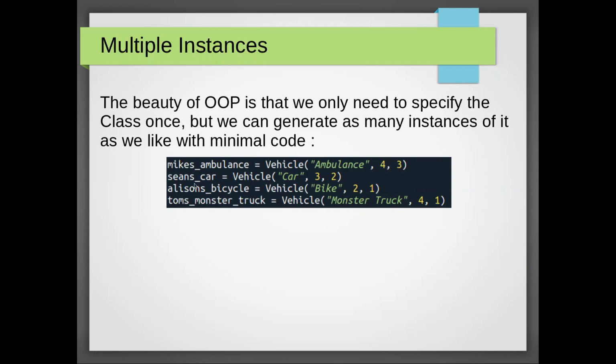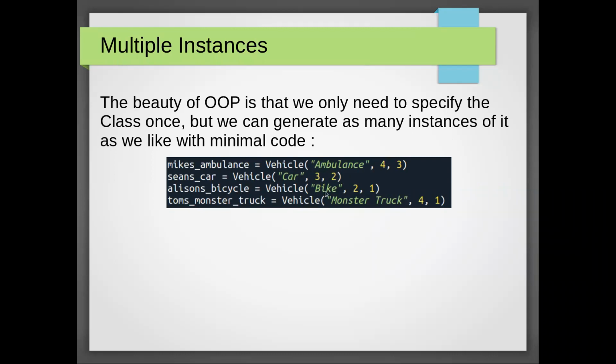I can create Sean's car, which is a separate instantiated instance of that class. It's a separate object, but built from the same blueprint, which is also a vehicle, but this one's got a common name of car, has 3 wheels and a passenger capacity of 2.